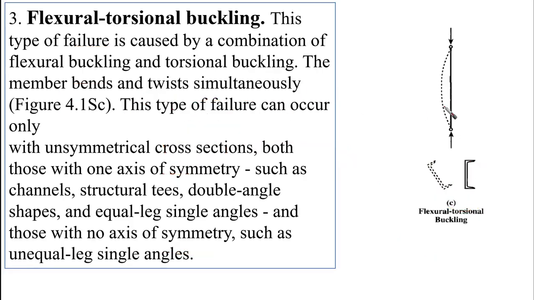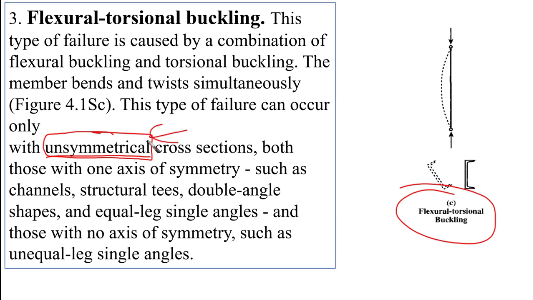The last one is flexural torsional buckling. This type of failure is caused by a combination of flexural buckling and torsional buckling. The member bends and twists simultaneously. This type of failure can occur only with unsymmetrical cross-sections. So remember, this is a key word here, unsymmetrical cross-sections.